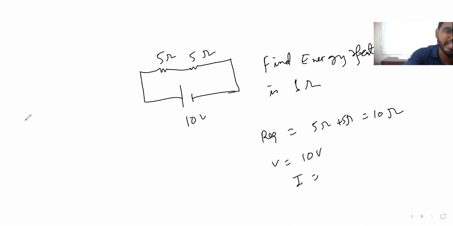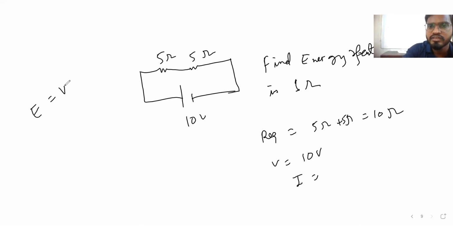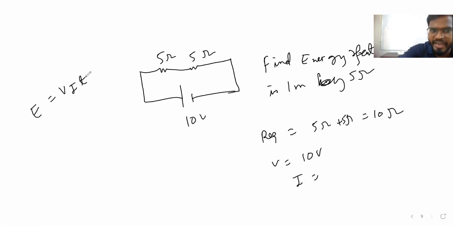See, first write the formula. Energy is equal to what? Find energy spent in 1 minute by 5 ohm, like this we should write. So VIT. Now we have time, we don't have I, we have voltage.